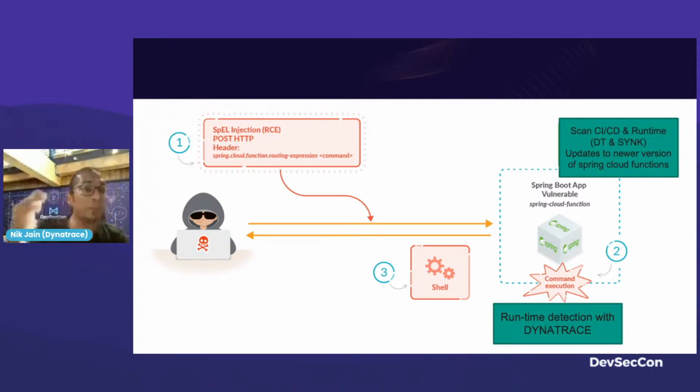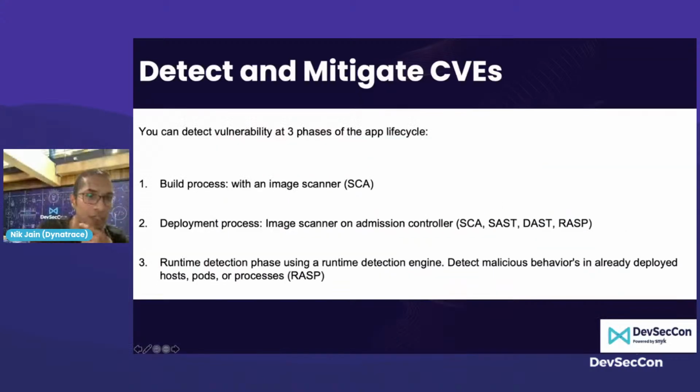And then it also provides your dev team and your operator team with a specific recommendation on how to fix that issue. So if you follow the workflow, you could have approached it in a more sophisticated way, where in the build phase you use an image scanner, which categorizes as an SCA tool. And then in the deployment process, you use an image scanner on an admission controller.